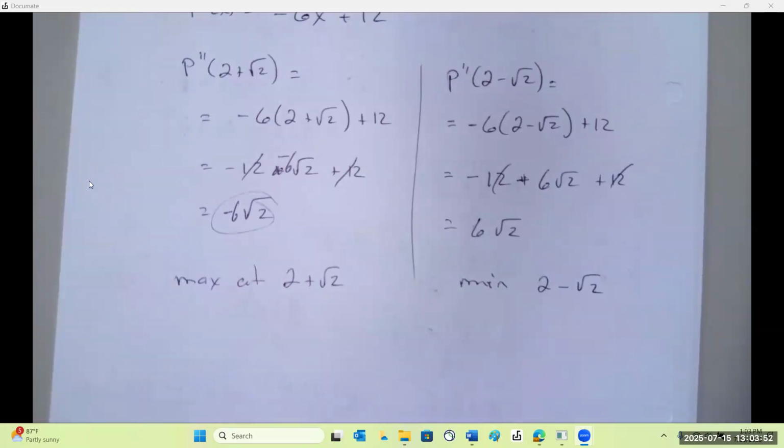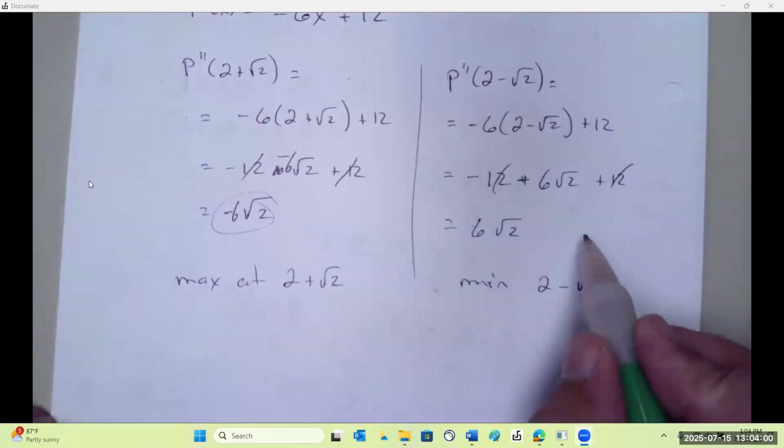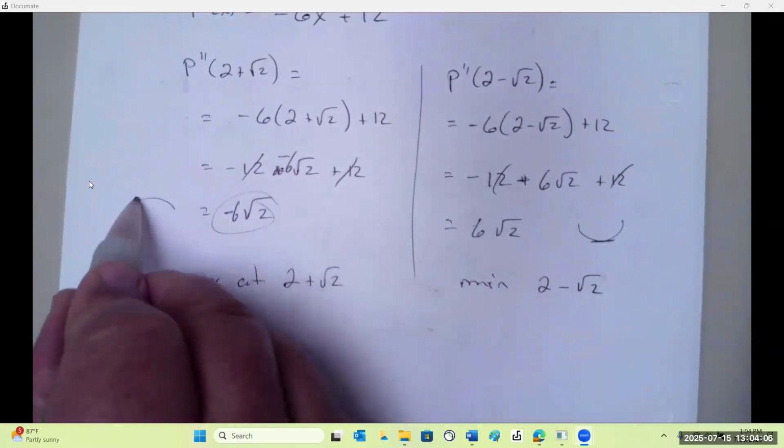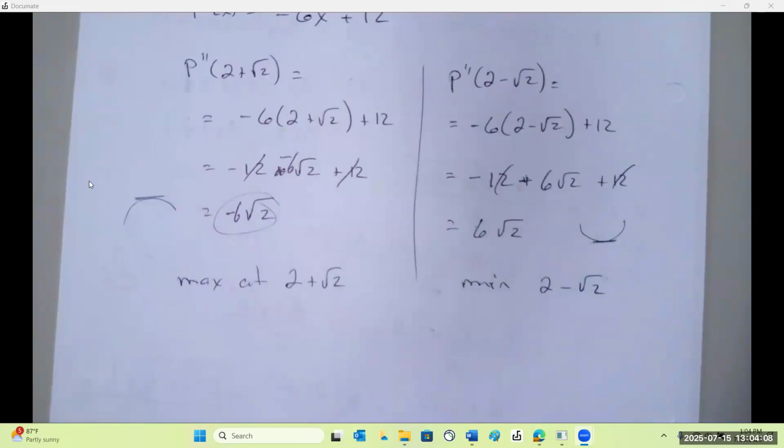Shouldn't it be the other way around? If it's positive, it's concave up. That means minimum. If it's negative, it's concave down. It means maximum. Okay.